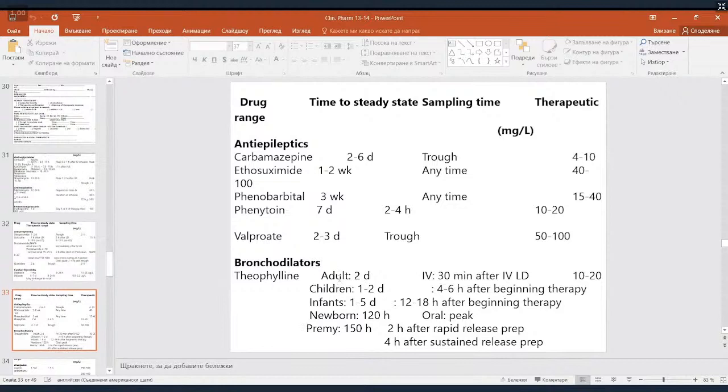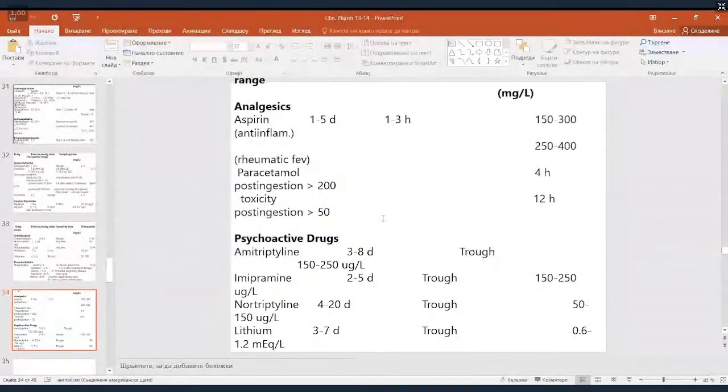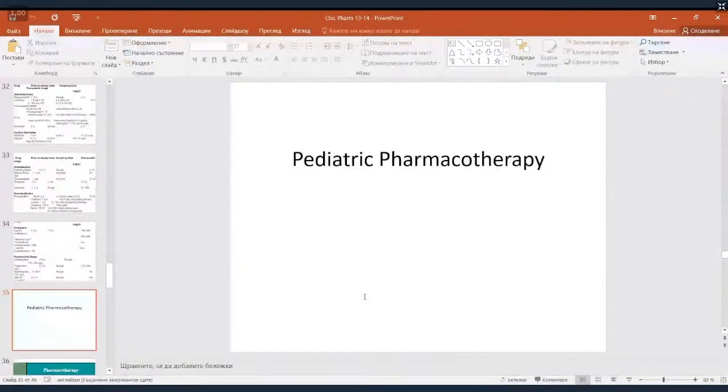So it has a different half-life in children, in infants, in newborns, in adults, in preemies, and also in smokers. It has a different half-life, and this is sometimes a question that's asked in the exam. Also, acetylsalicylic acid, nortriptyline, lithium, which we said is a drug with a low therapeutic index, so a drug with a high potential of toxicity.